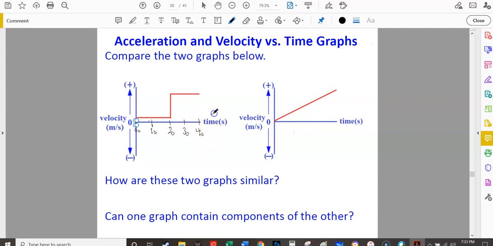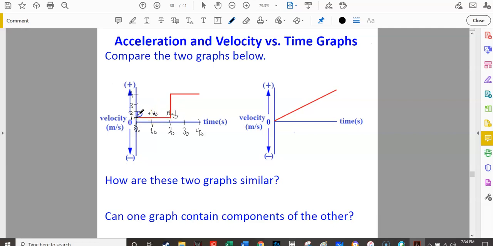And this will be 4, 3, 2, and then this will be 1. So this is 1 meter per second. This is positive 1 meter per second right here.